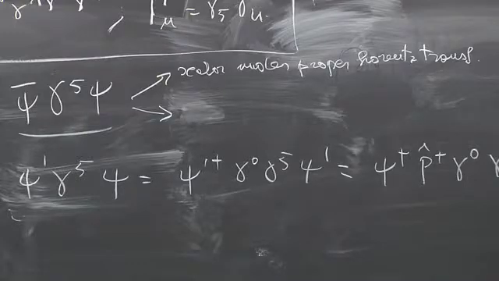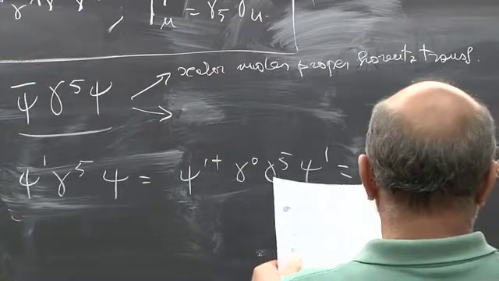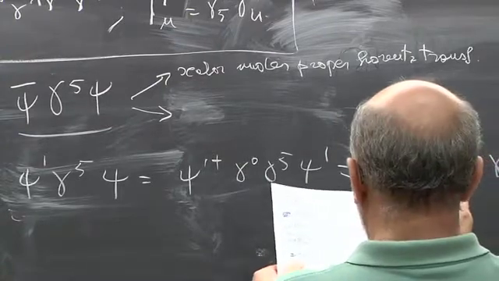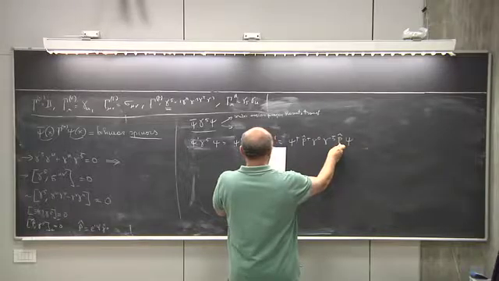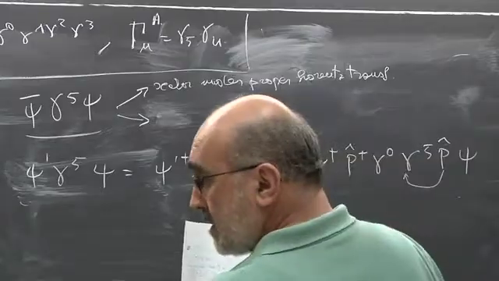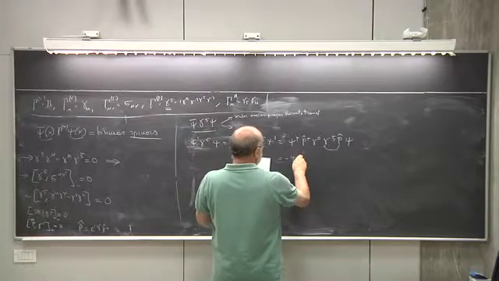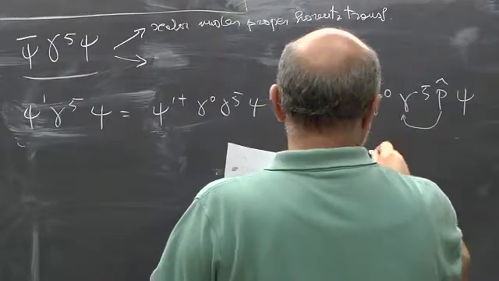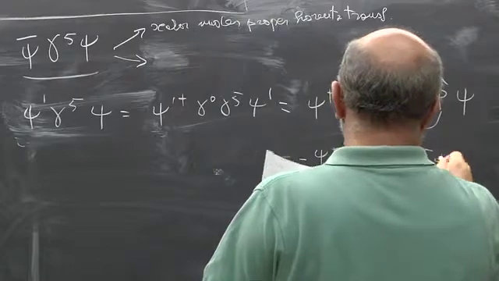So what we can do is the following. We bring this on the other side, but as it anti-commutes, we bring a minus, so minus psi dag P dag gamma 0 P gamma 5 psi.